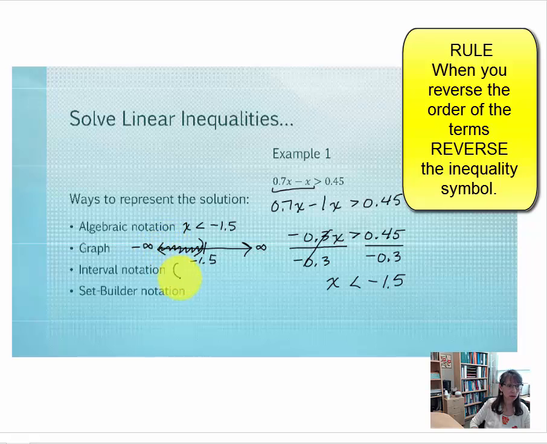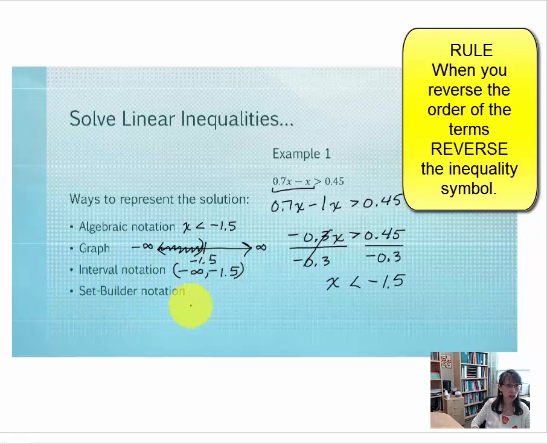That means our interval is -infinity, comma, -1.5. And since negative 1.5 is not included, that will also be a parenthesis. If our problem originally has an equal included, we would use a bracket at that number, but we'll have an example of that coming up.